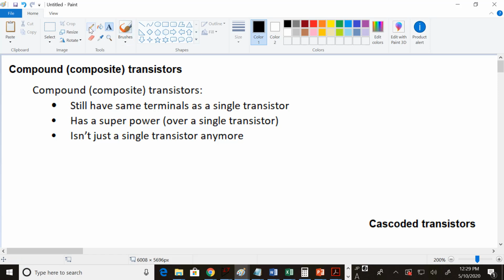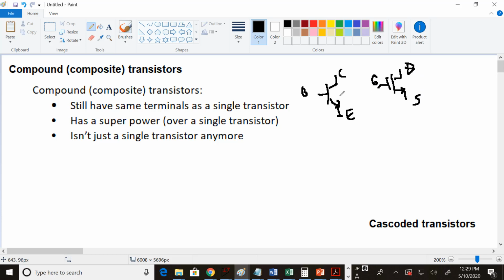For a BJT, you know a BJT has a collector, a base, and an emitter. And a MOSFET has a drain, a source, and a gate.